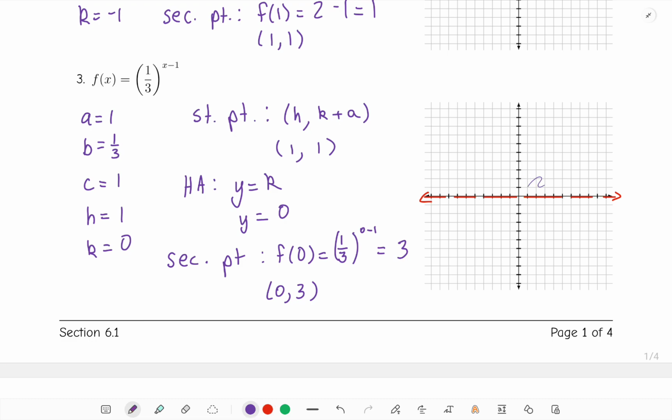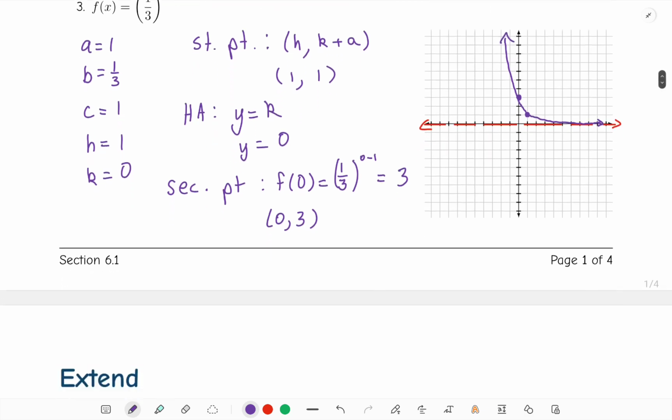Plot our 2 points. And try to connect them with an exponential curve. There we go.